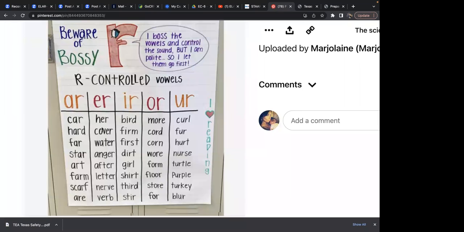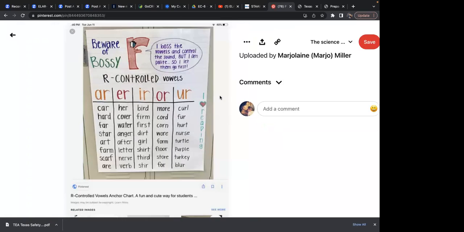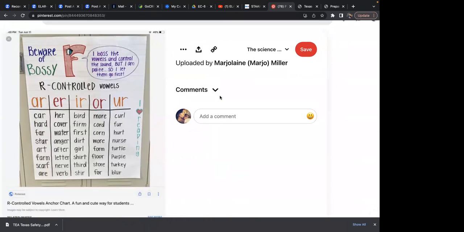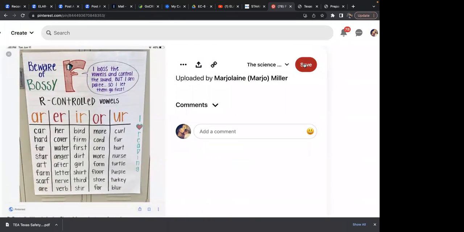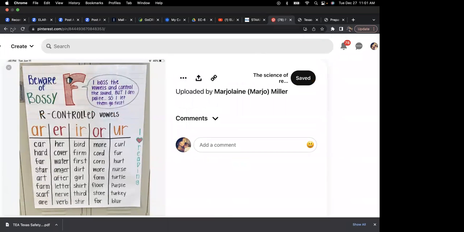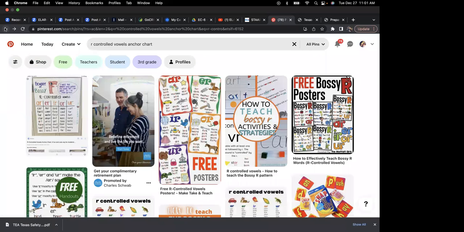Curl, earl, fur, hurt. It's like everything else is staying behind and letting the big bossy R take all of the attention. So you might see that they have this difficulty, and if they do, then you need an activity to help them for that.